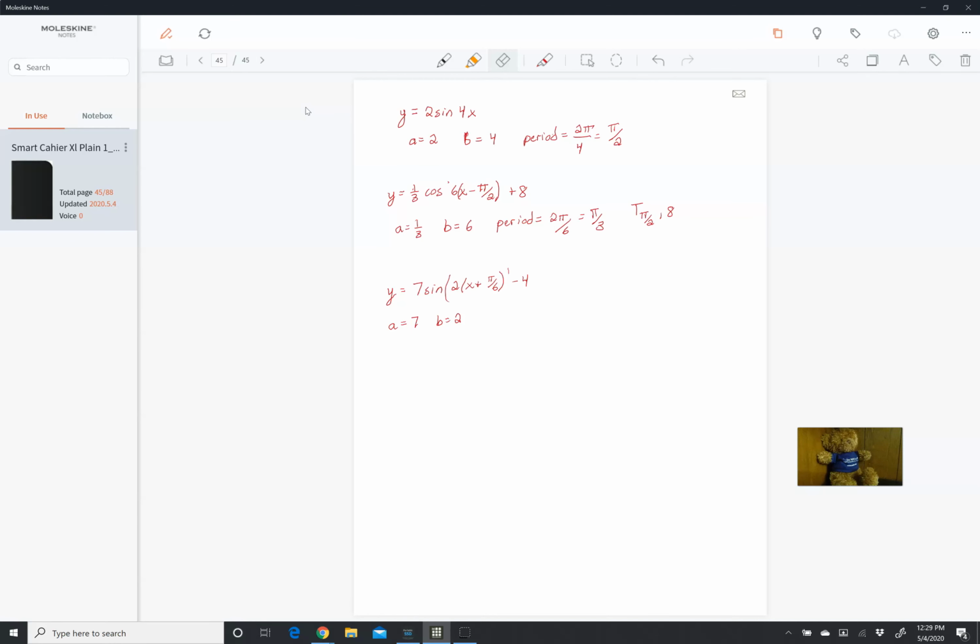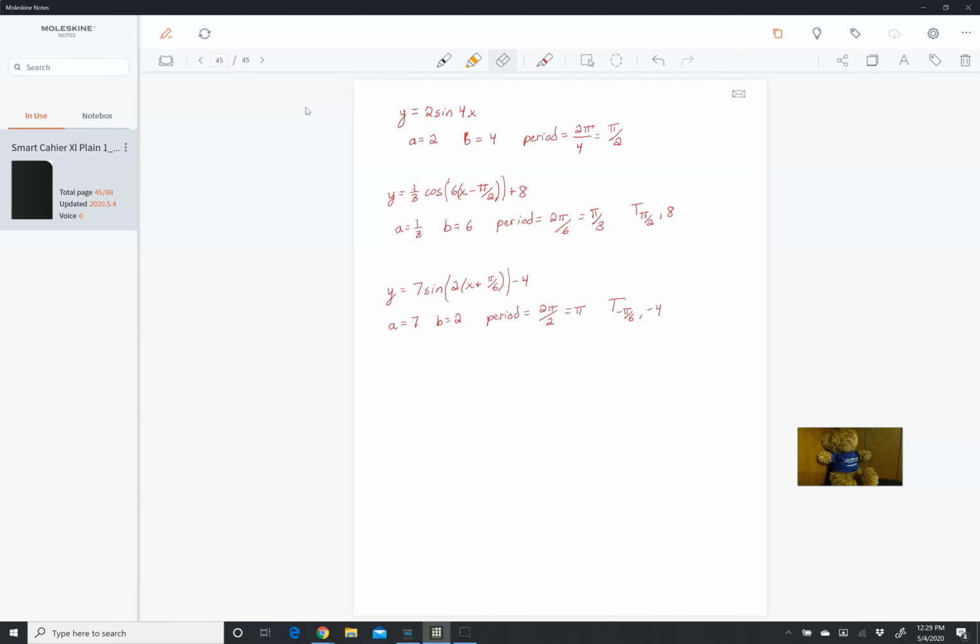I'll put parentheses around these as well because I did that originally. The period is 2 pi over 2, or pi. And the translation: you're going pi over 6 to the left and 4 down.